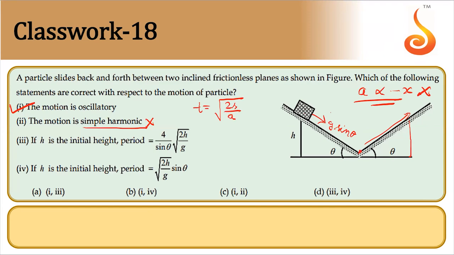From equations of motion, if an object has initial velocity 0 and is sliding down, you can use s equals ut plus half at square. So t is equal to root of 2s by a. Let us say the length of the plane is some L. Then t is equal to root of 2L divided by g sine theta. Correct?